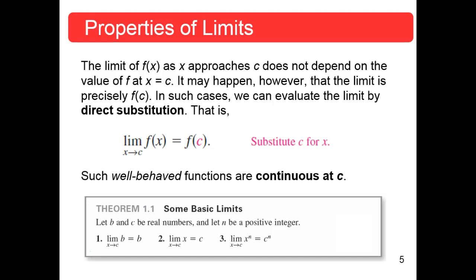The limit of f of x as x approaches c does not depend on the value of f at c. That sounds bizarre, doesn't it? But remember those strange little problems we did? f of x was doing this here and that there, but at c is down here. Well, the limit is up here. The value is down there.